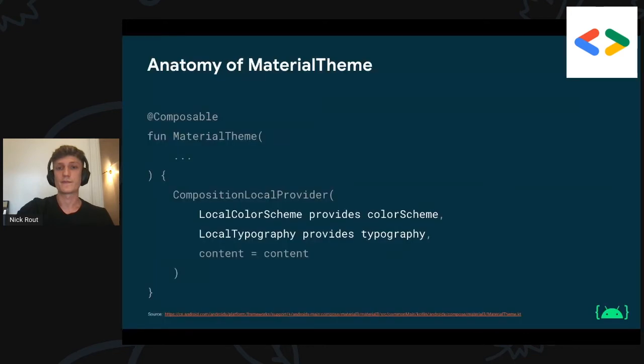Now that we've had a look at some of the theory, we can see here that what we have is something called a composition local provider, which provides composition locals down the UI tree for Jetpack Compose. In our case, it's these two things here, local color scheme, which provides the color scheme, which is a parameter to material theme, and local typography, which provides typography.